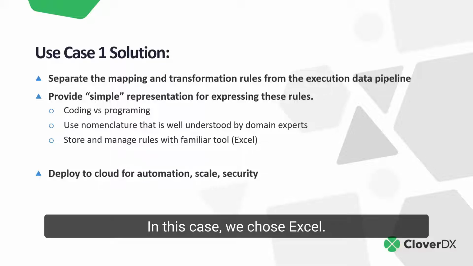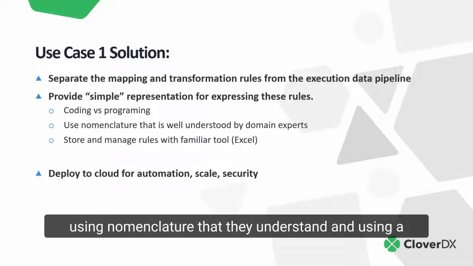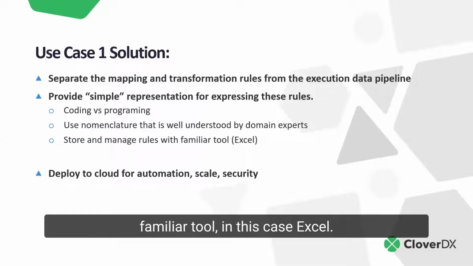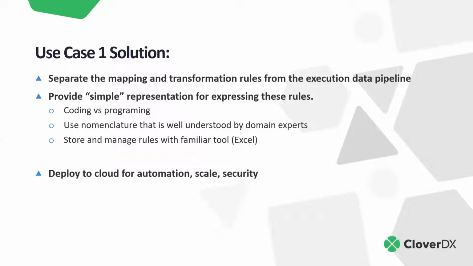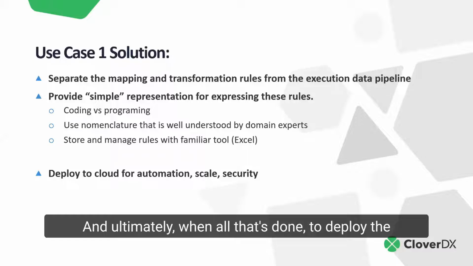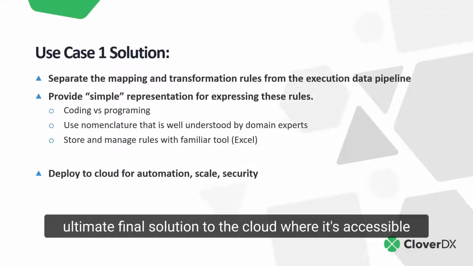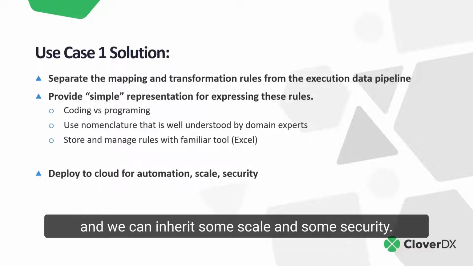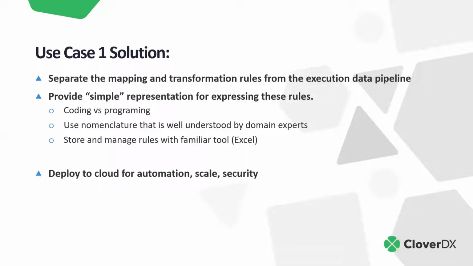In this case, we chose Excel. So allow experts to code mapping rules using nomenclature that they understand and using a familiar tool, in this case, Excel. And ultimately, when all that's done, to deploy the final solution to the cloud where it's accessible and we can inherit some scale and some security.